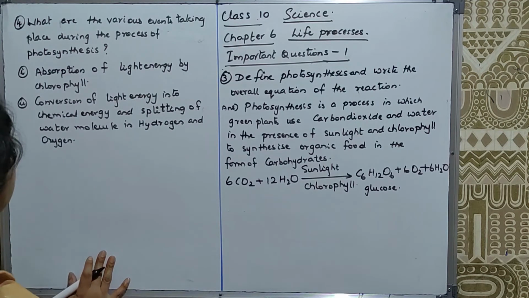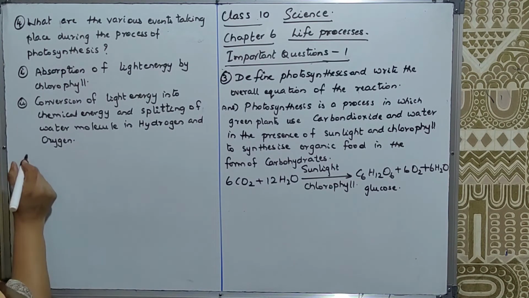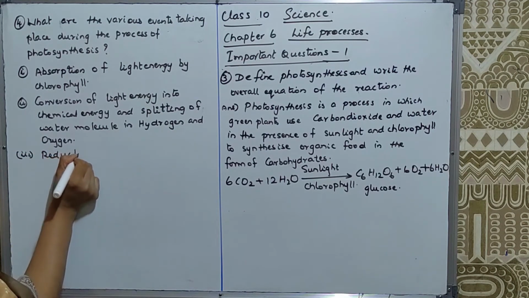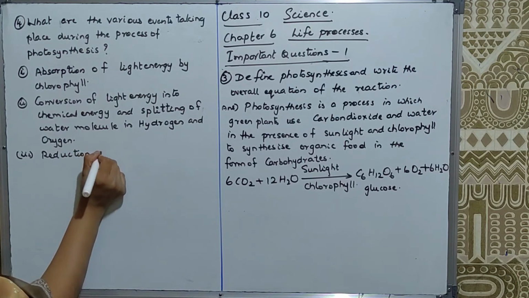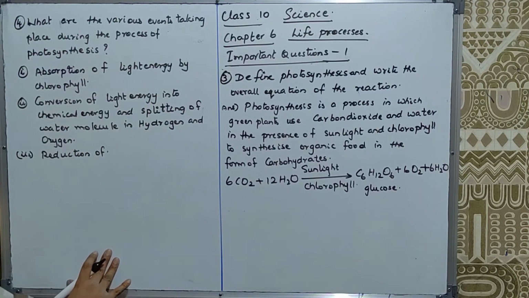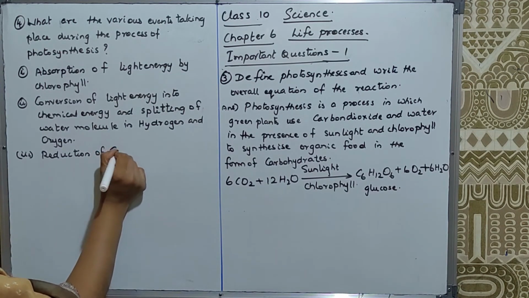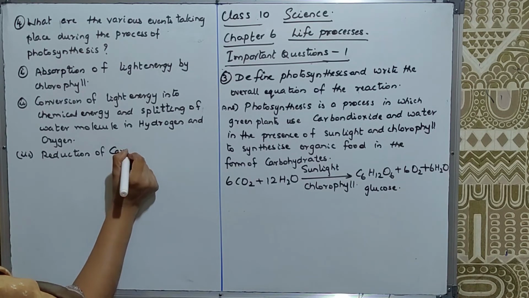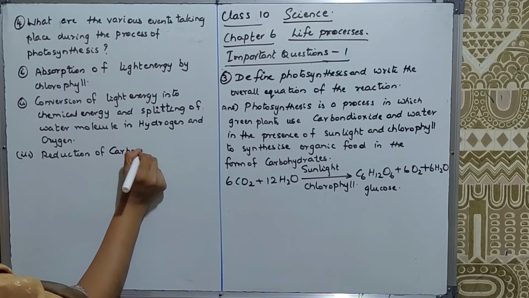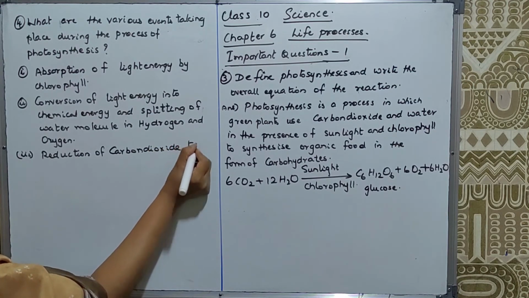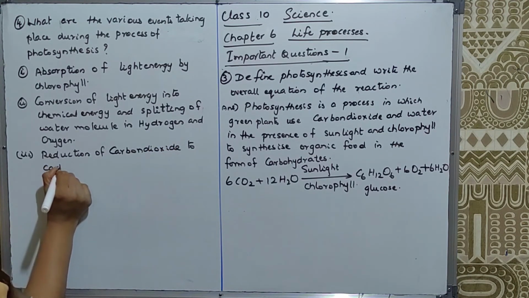Now the third one will be the reduction of carbon dioxide. Why is it called reduction? Because it reacts with the hydrogen released during the reaction. So reduction of carbon dioxide to carbohydrate.